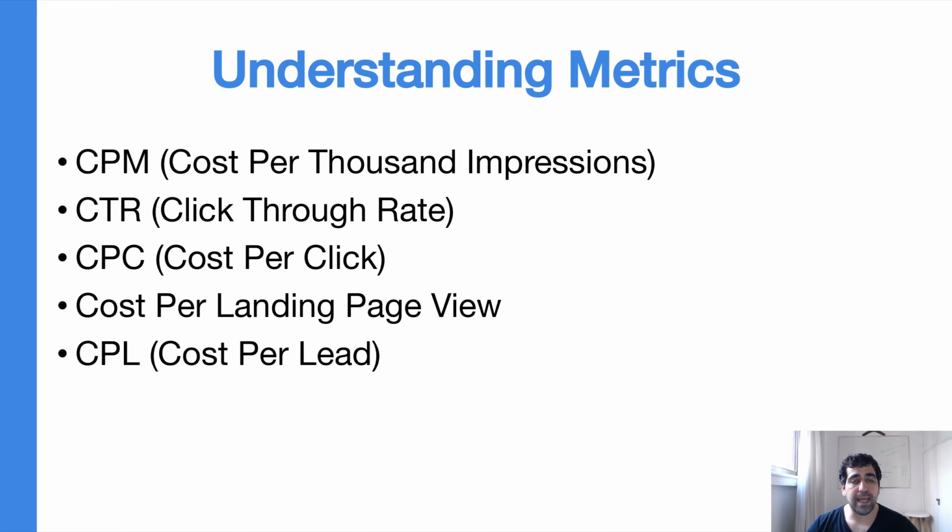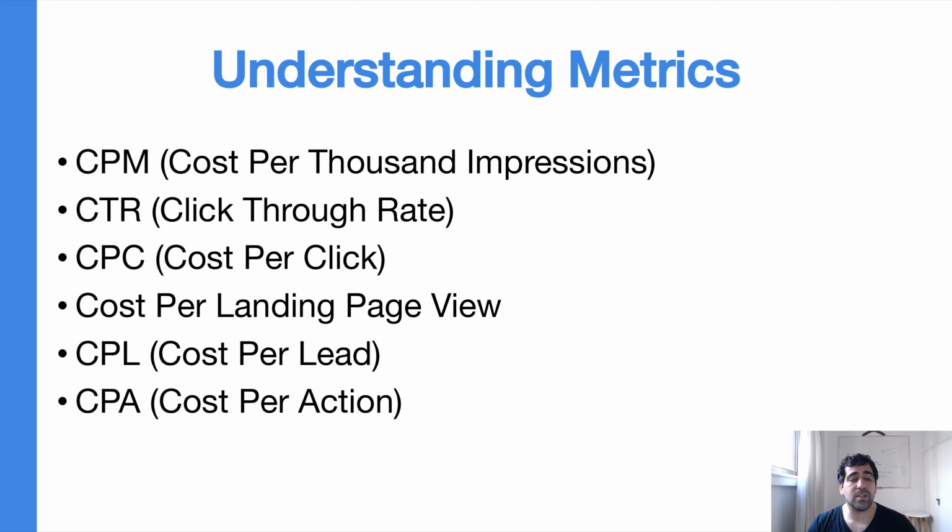Then cost per lead, obviously this is actually how I start thinking on my campaigns. This is kind of one of the main metrics that I track. I normally define how much I want to pay per lead, and I build all the other metrics from there.